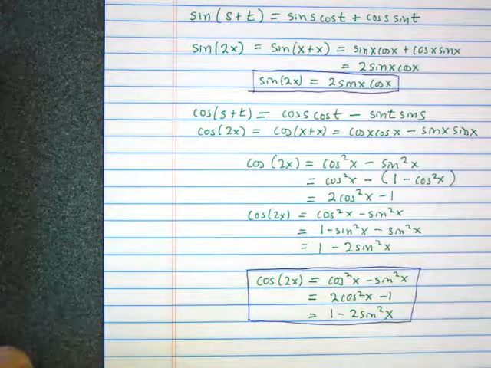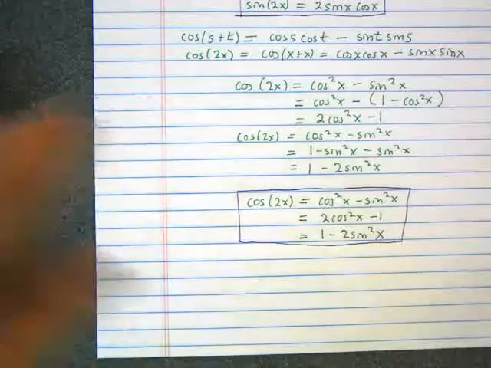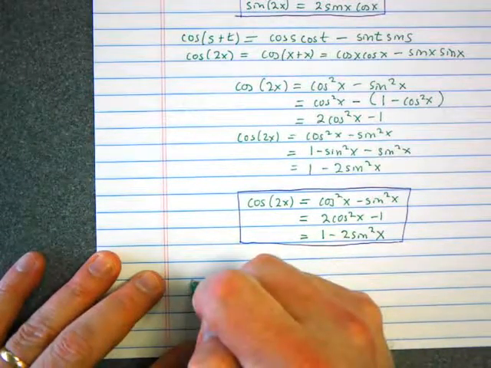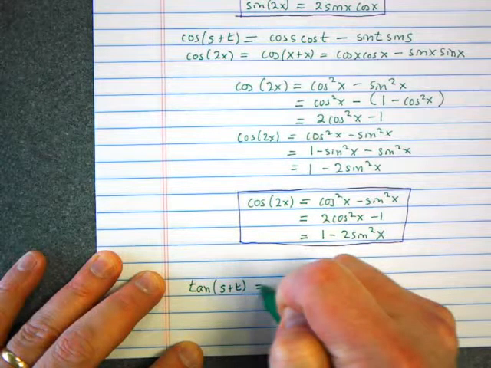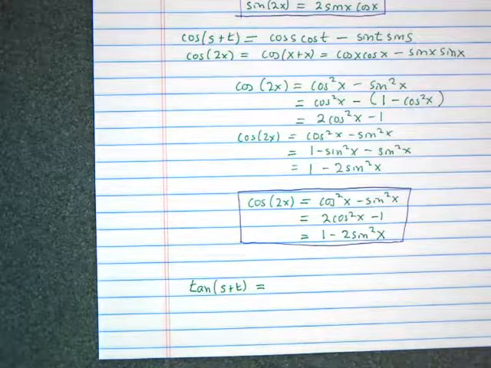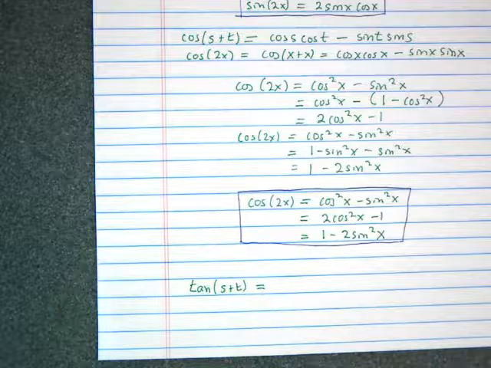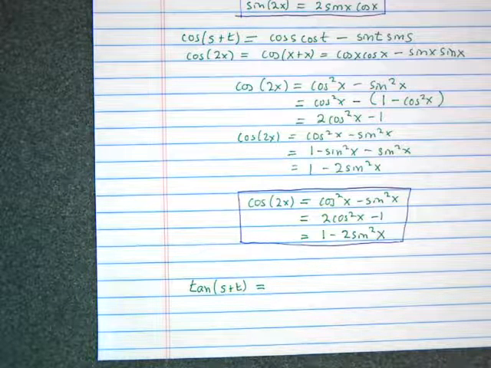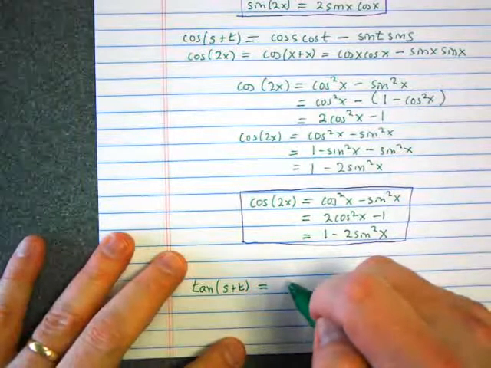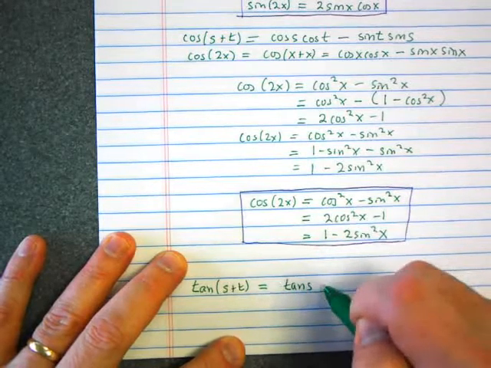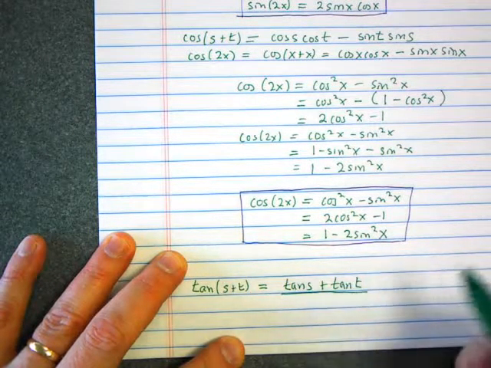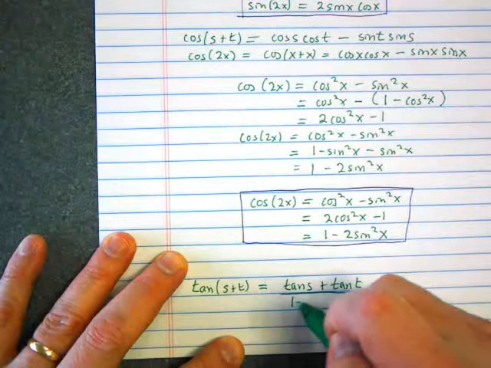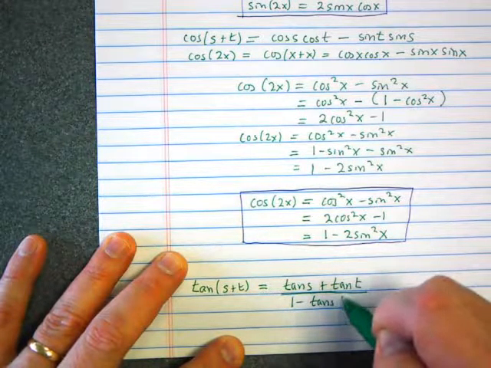What about tangent? I'm glad you asked. What about tangent? What was our formula for tangent of s plus t? Yeah, that one's the hard one to remember. That one has tangent s plus tangent t divided by 1 minus tangent s times tangent t.